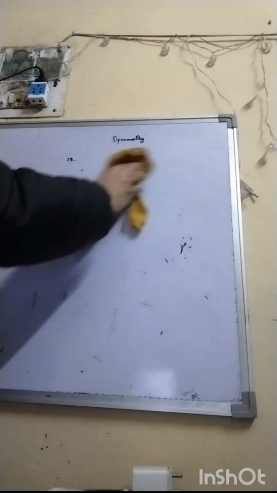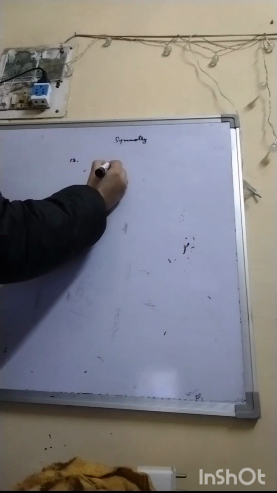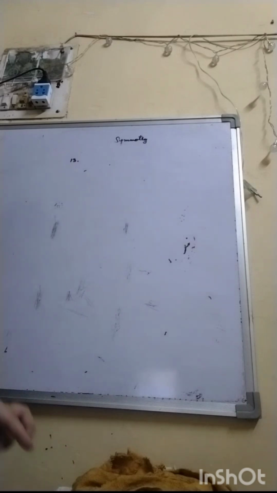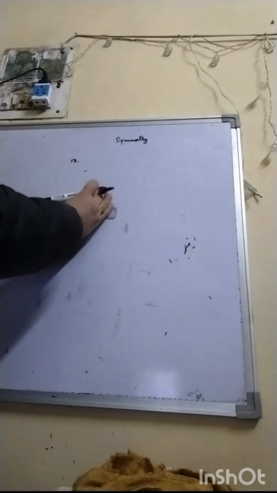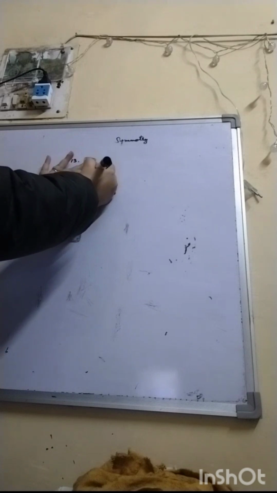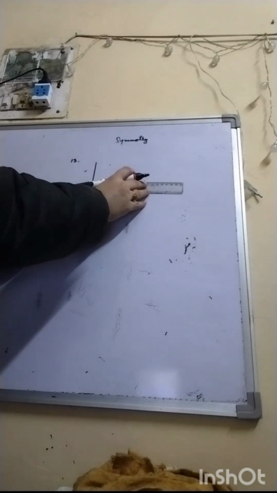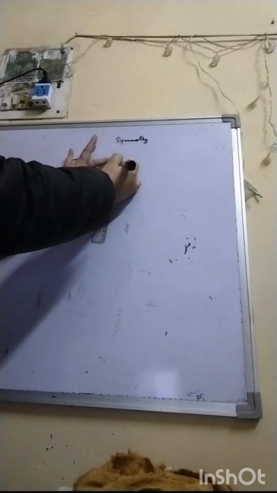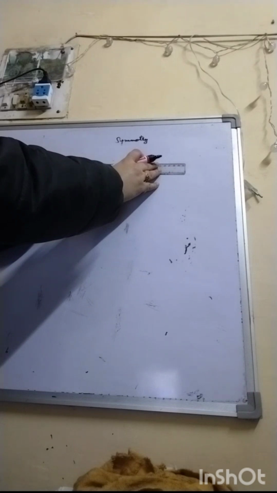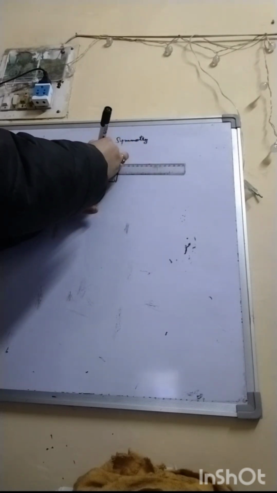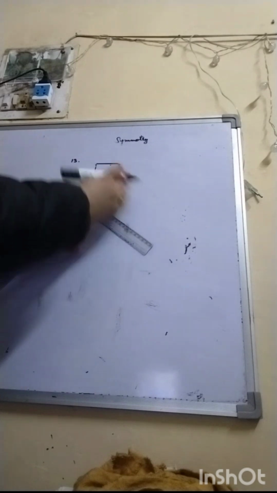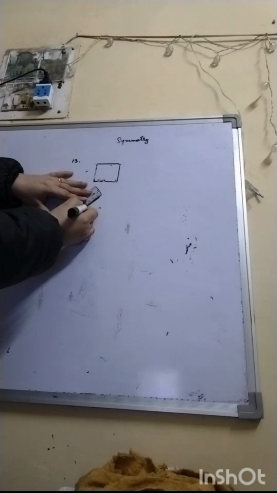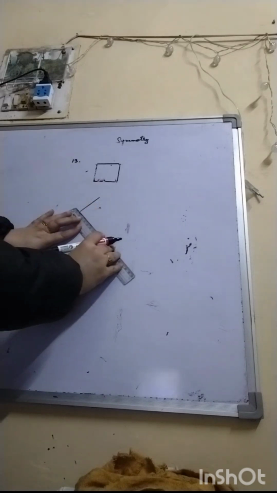When we were doing the rotated square method, you can have a square like this, but on a dot paper we also rotated this square and drew it like this.